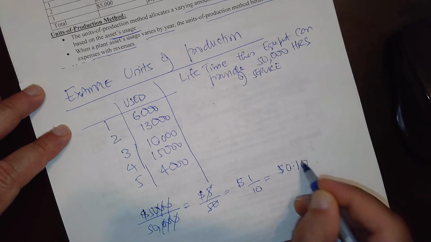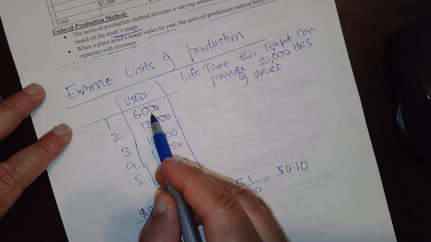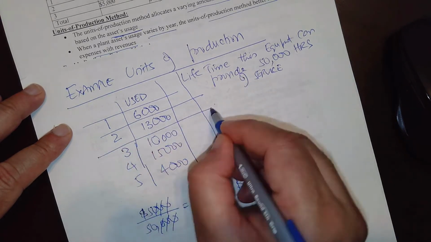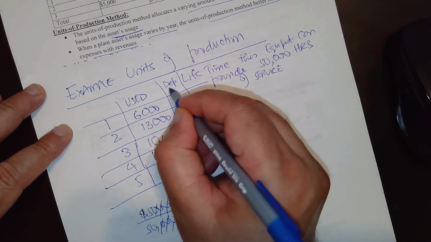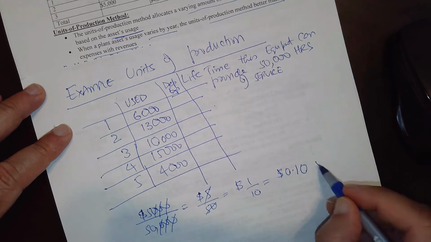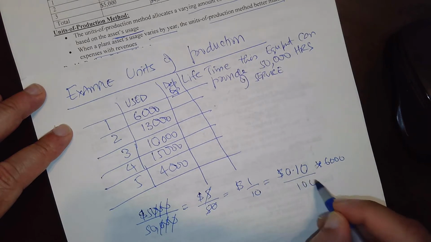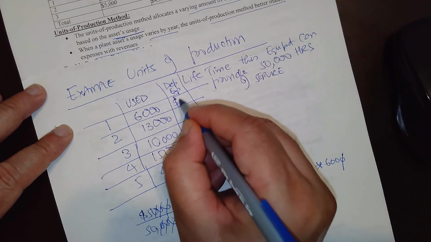Basically what we are saying is that every hour this machine is going to work, it is going to depreciate at 10 cents. So we use 6,000 hours. So our depreciation expense for 6,000 multiplied by 10 cents will be 600. So first year is 600.